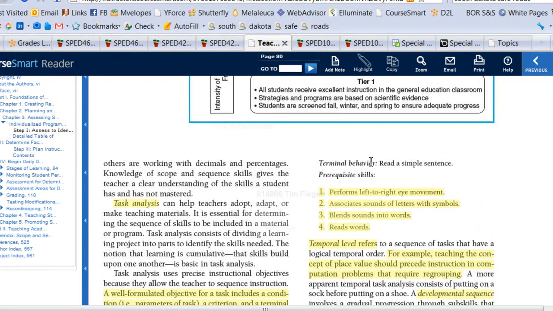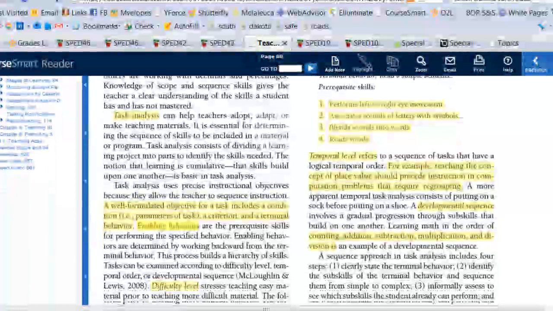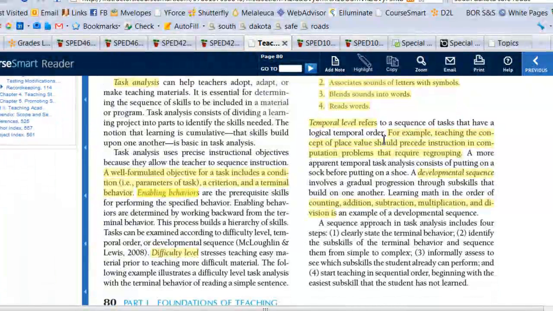Over here. Terminal behavior: to read a simple sentence. Here's a simple task analysis. Performs left to right eye movement. Associates sounds of letters with symbols. Blends sounds into words and reads the words. Then temporal levels. Temporal meaning what? Time.